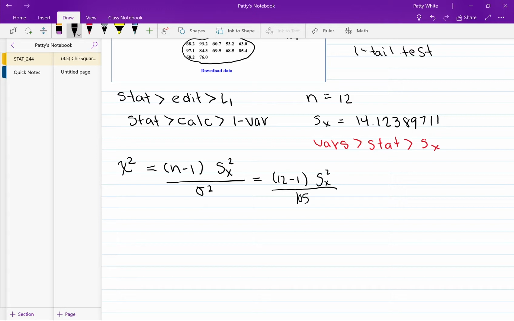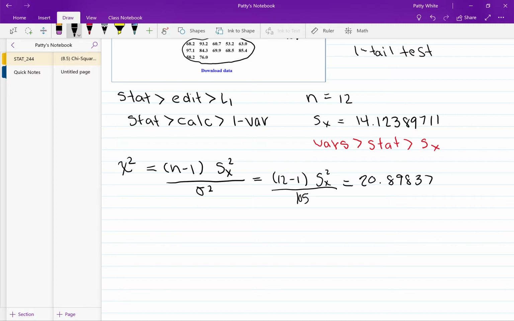Now I'm not going to square 105 because 105 is my variance, and sigma squared is the variance. So what I got in my calculator was 20.89837. So that's my test statistic.